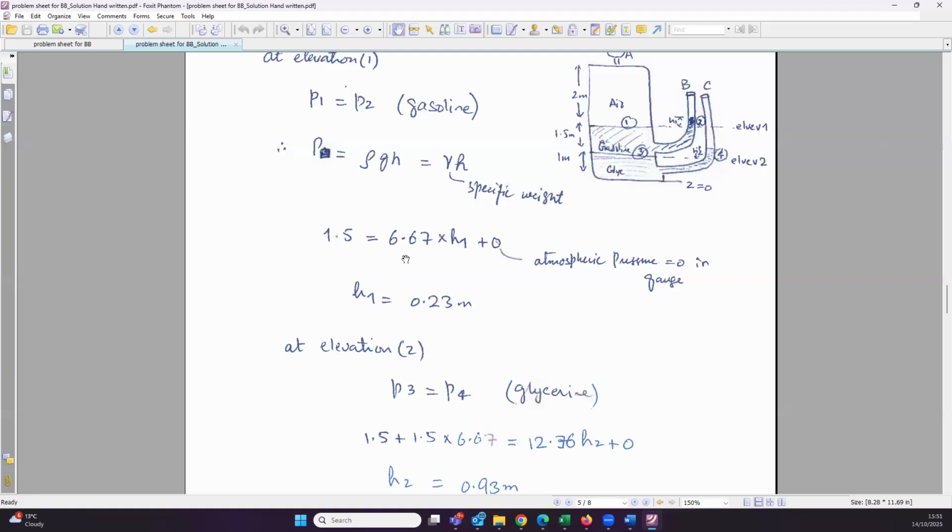I'm coming back to the chat. Let me just explain. The atmospheric pressure is there, but we are ignoring it because we are using the whole equation in gauge.